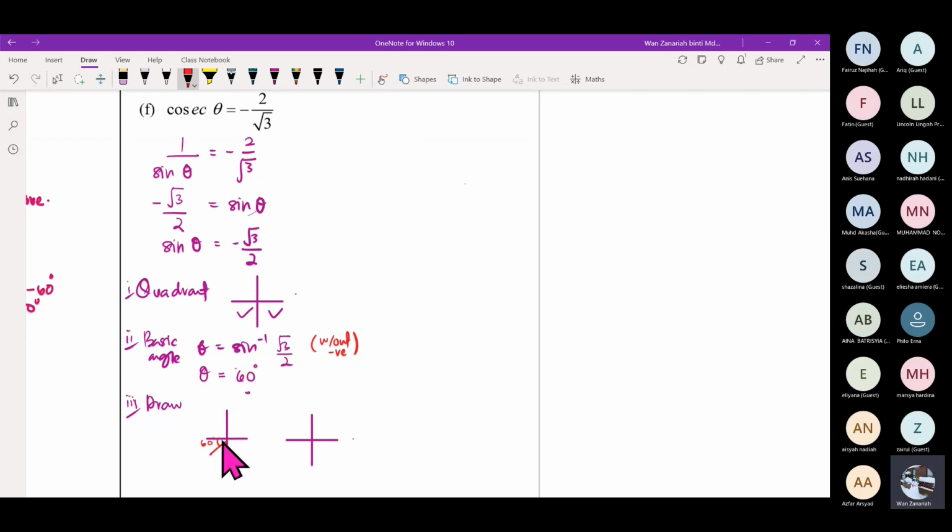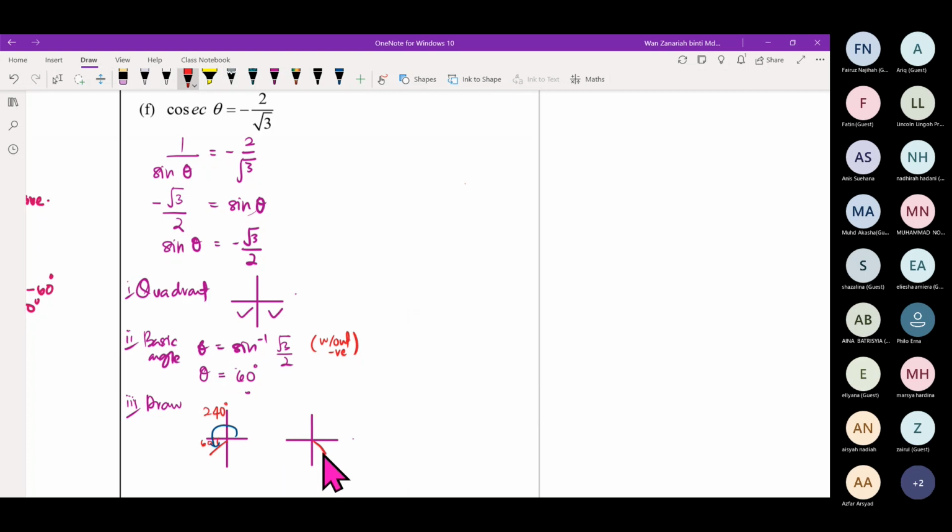The basic angle must be attached to the x-axis. But the angle that you want is from here to here. So how much is that? 180 plus 60, which is 240.